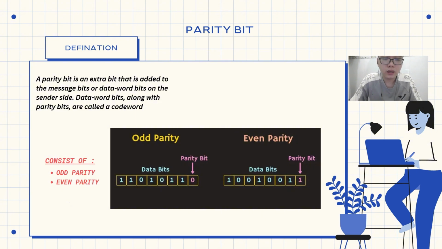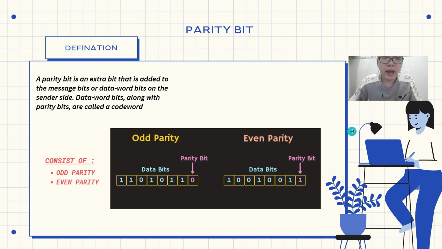To begin with, let's start by understanding what parity is. Data in a digital system can easily be corrupted during transmission or storage due to factors such as electrical noise or hardware failures. To detect these possible errors, we use a simple technique known as parity checking.